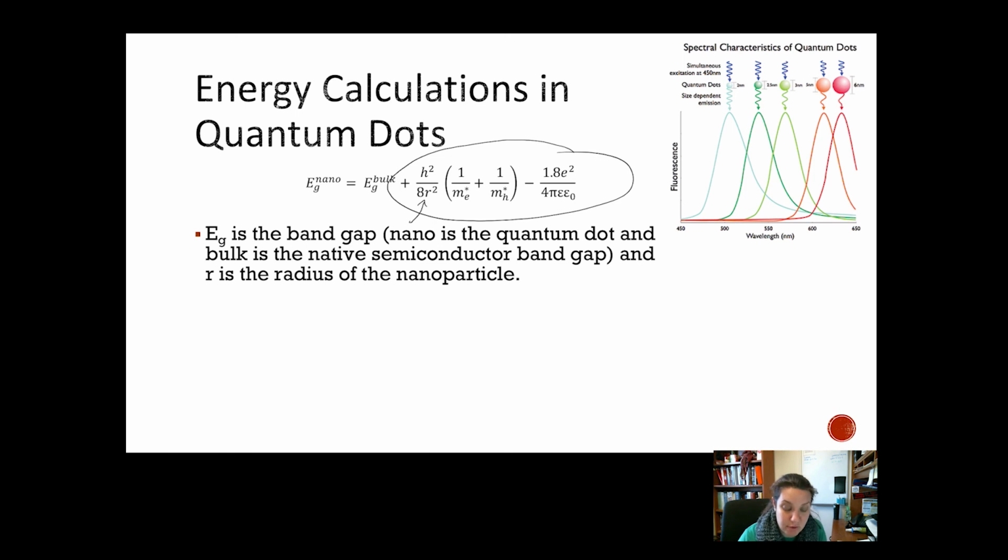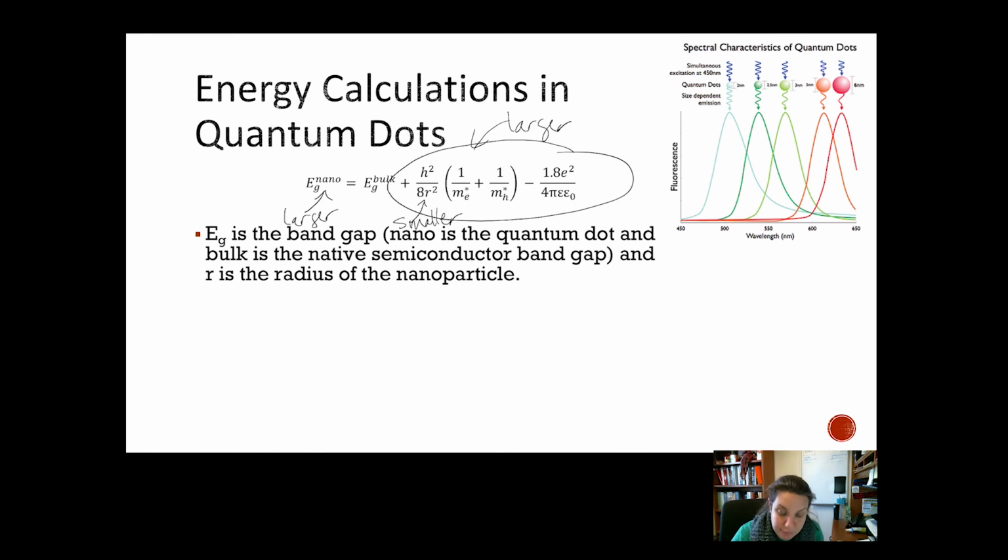When we decrease this term, our bulk and our nano band gaps are much more similar. As we make the radius smaller, this term gets larger, and our nanomaterial band gap gets larger. So the most important terms that you need to know from here are the band gap of our nano, the band gap of our bulk, and the radius of our nanomaterial.